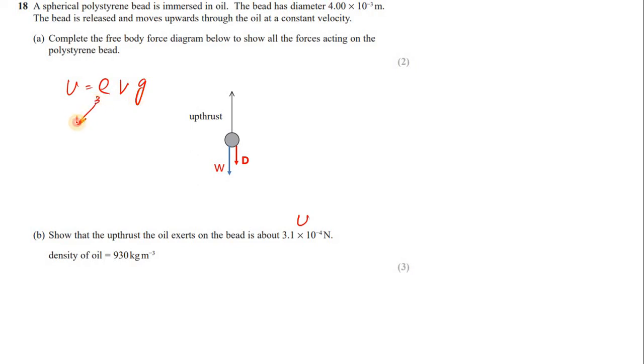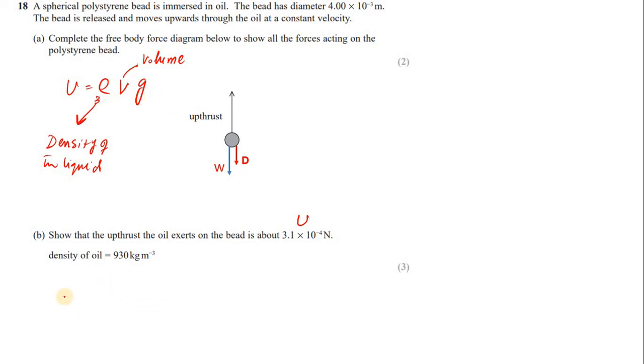So this is the density of the liquid or fluid. This V is the volume of the object. Generally it is a sphere, but it can be a cuboid as well, and g is 9.81.